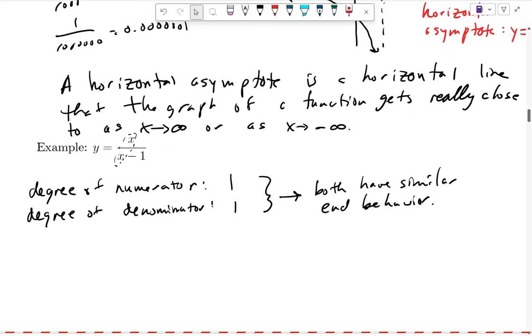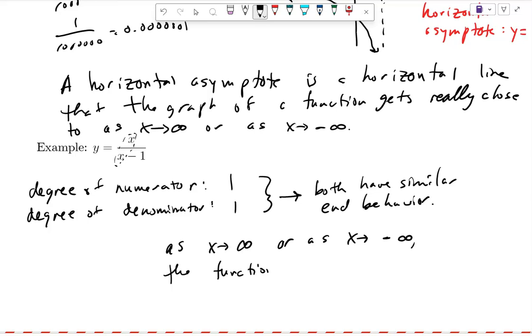What this is telling us is that essentially, as x goes to infinity, or as x goes to negative infinity, the function is essentially x over x.